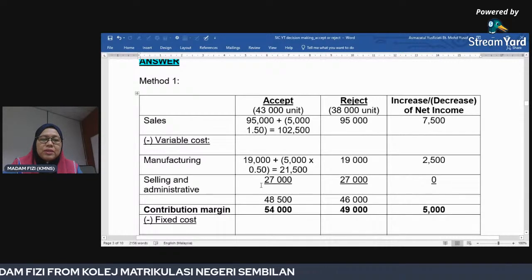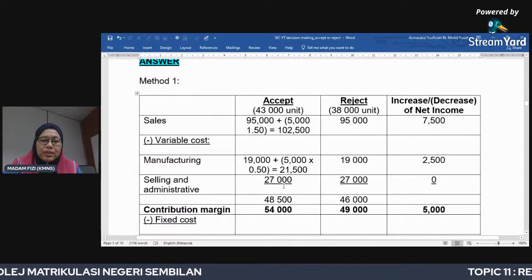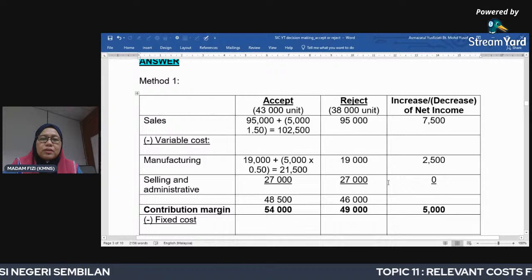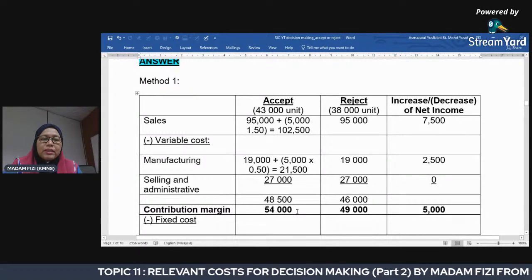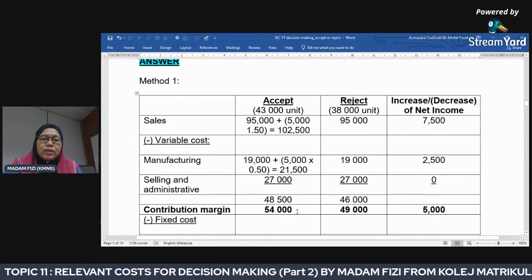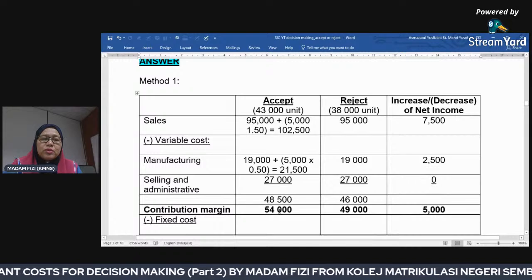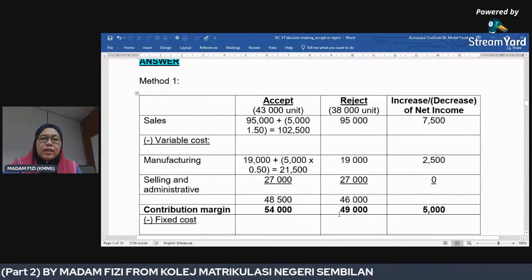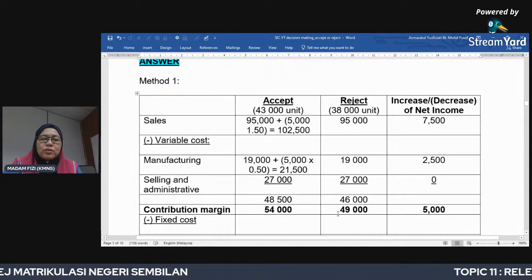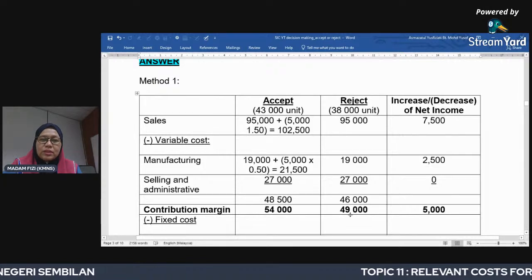And for selling and administrative, dia kata sama kan? So the difference is 0. Now you calculate the contribution margin, that is sales minus the variable cost 48,500. So the contribution margin for accept is 54,000. While for reject, sales minus the variable cost 46,000. So the contribution margin is 49,000.